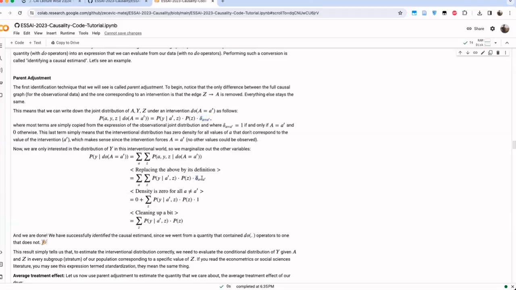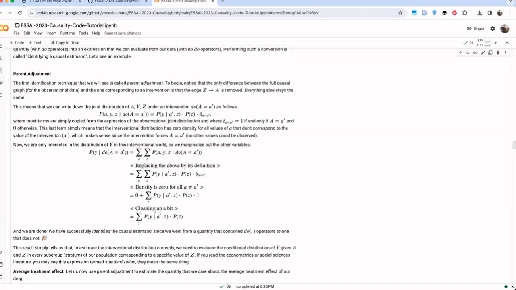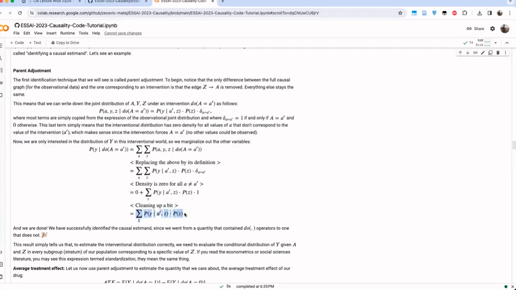And so we replace the definition here. And then we look at all the cases, obviously, where A is exactly this A prime. So it's going to be this formula. And now we just get rid of some of the unnecessary slack. And ultimately, we end up with this adjustment formula, which is, in this case, the parent adjustment.